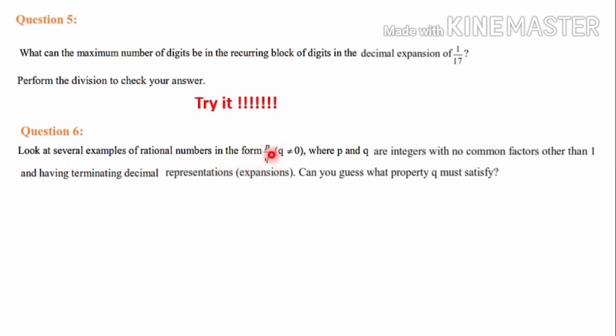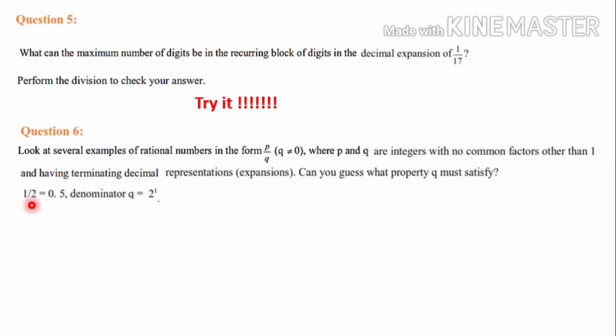You have to take several examples of rational numbers in the form p by q, which when you divide, you must get a terminating decimal, and you have to observe the denominators of those rational numbers, and guess the property that the denominators must satisfy. So let's take some examples.